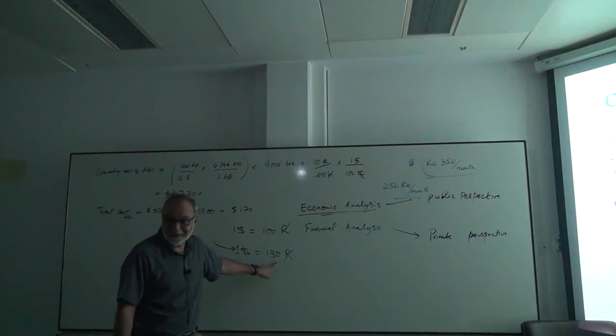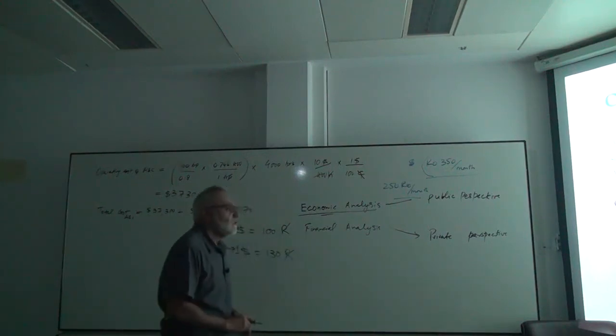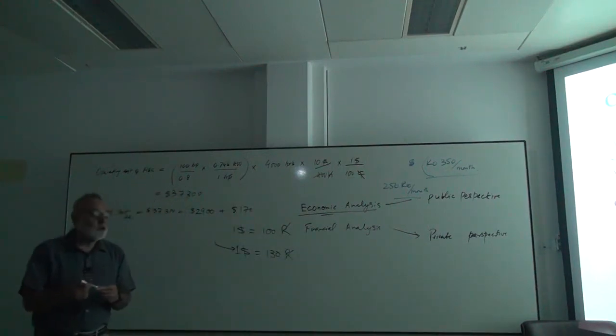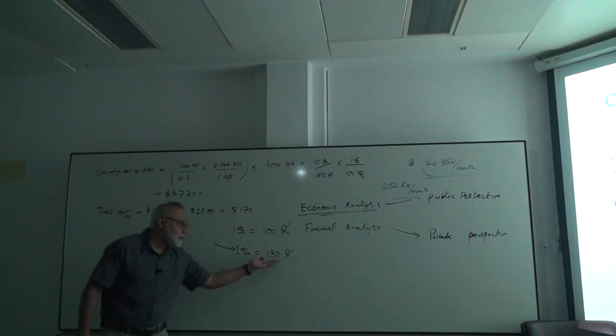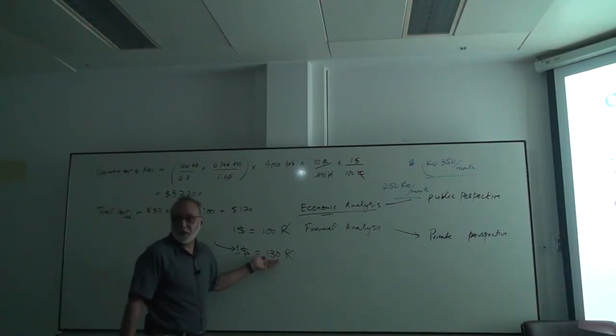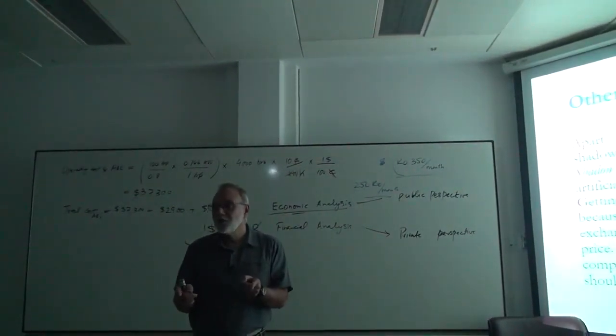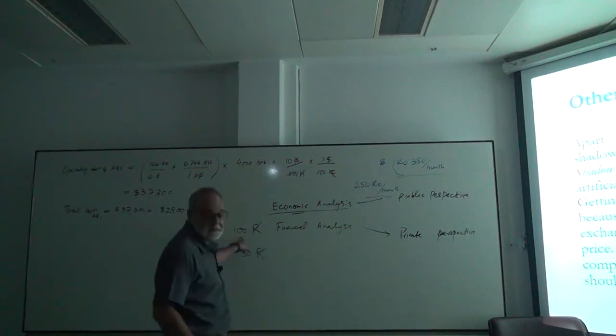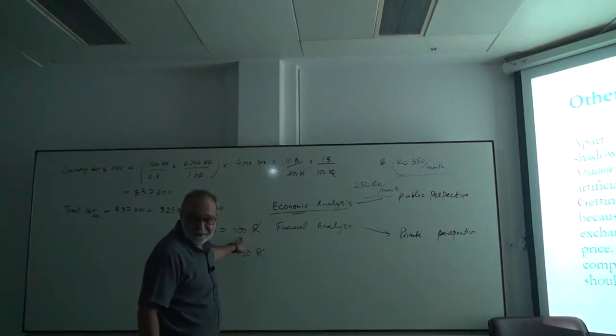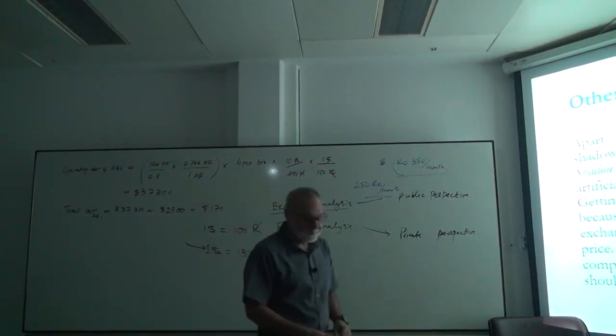All right, so this is what? This is the shadow exchange rate. This is the exchange rate which is in the black market. That should be used when you are doing economic analysis, not what the government has set. Okay, clear?